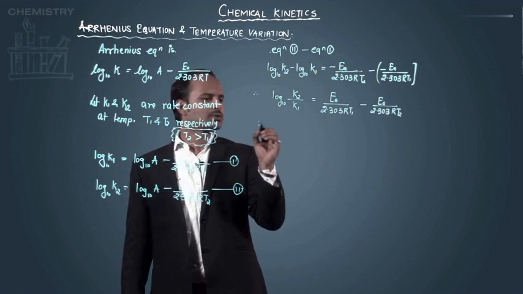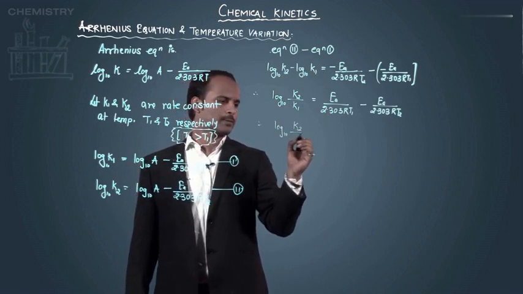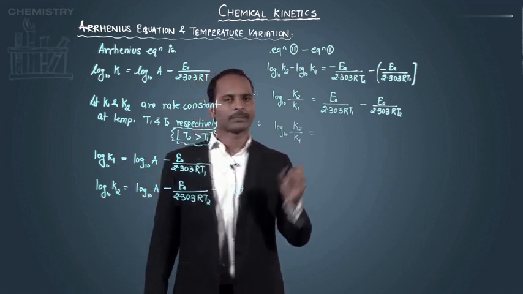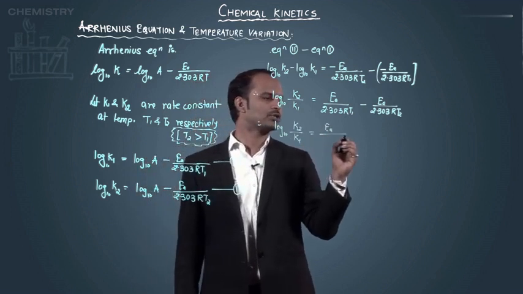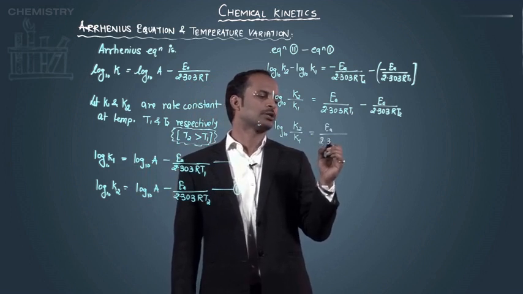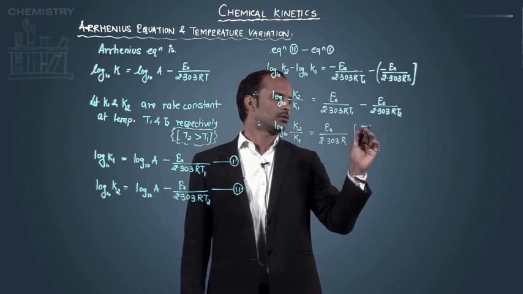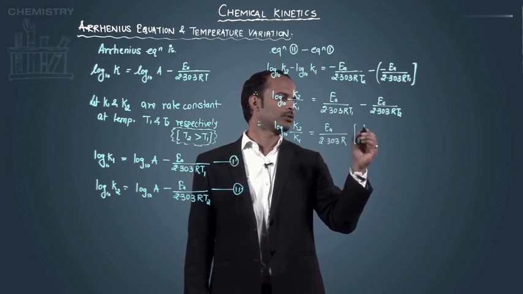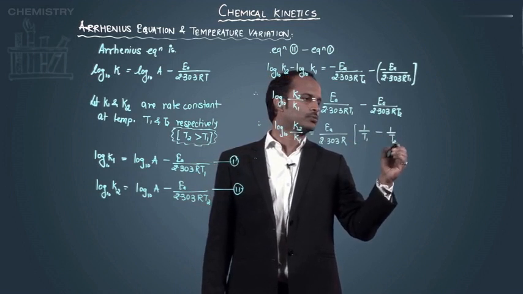Something is common, so we can take it out: log to the base 10 K2 upon K1 is equal to the common terms, activation energy upon 2.303 and R, and then 1 upon T1 minus 1 upon T2.